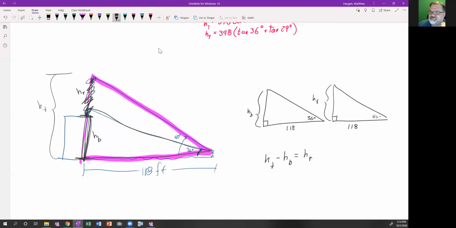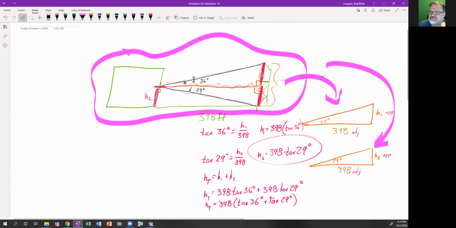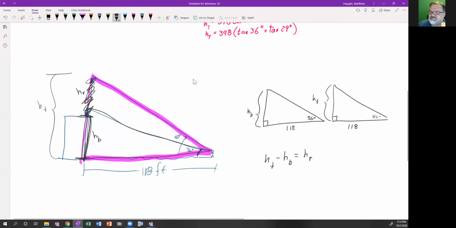And again, we do have to determine what trig function we want, but it's actually fairly similar to this problem. The only difference is in this problem, we added the 2 heights to get the total. Here, we're subtracting the 2 heights to get the difference, just because of the information we're given and the information we want. But we're still looking at adjacent lengths and opposite sides in reference to our angles.